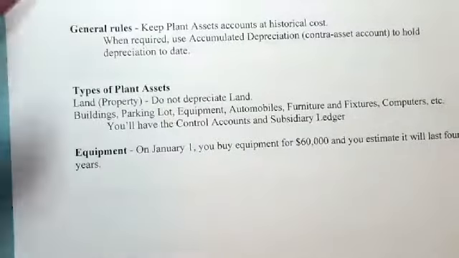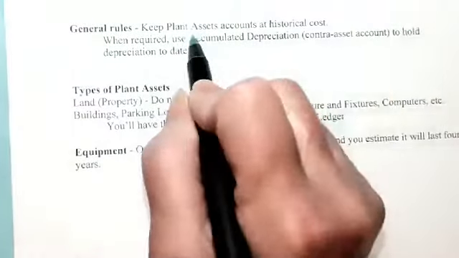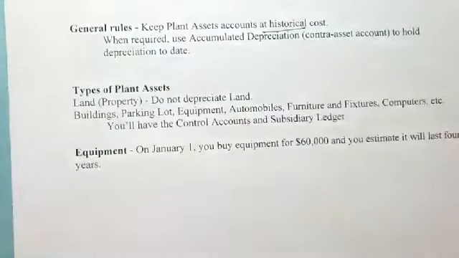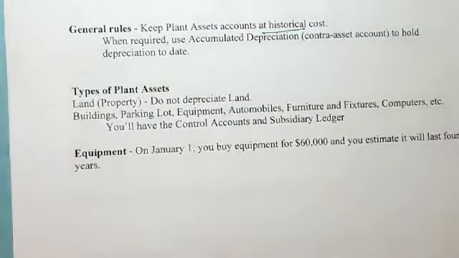The general rule is, again, we're going to keep our plant asset account at historical cost. We don't ever mess with that. For some reason, we like to know how much we spent for that asset.